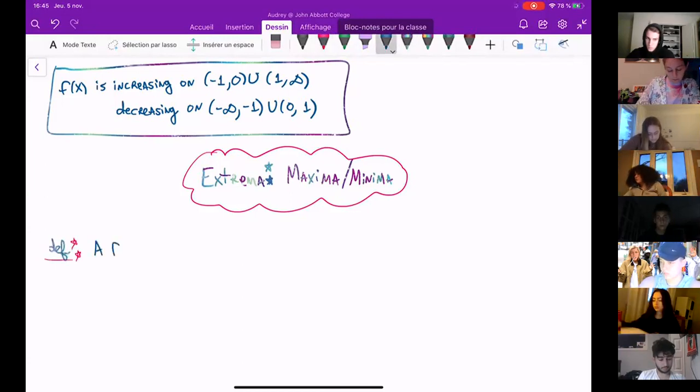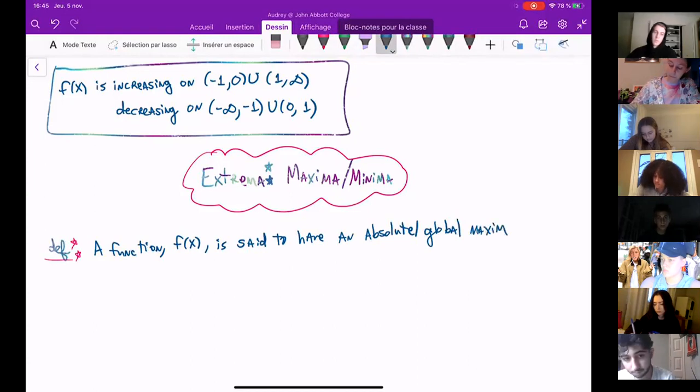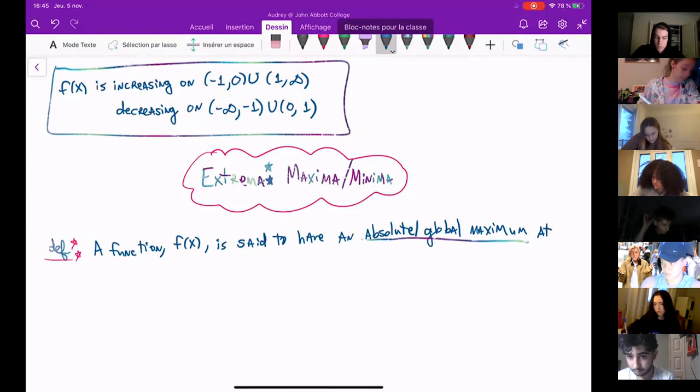A function f of x is said to have an absolute or global maximum at x equals c if the y value is bigger than any other y value on the whole function.